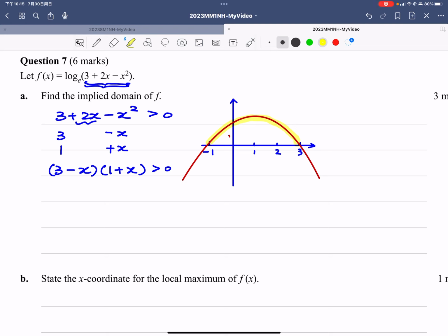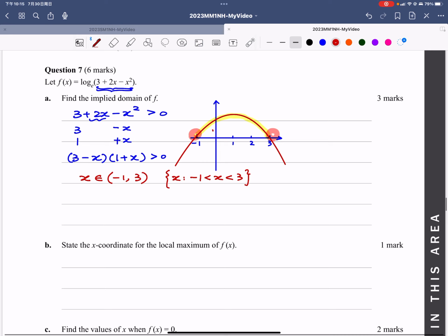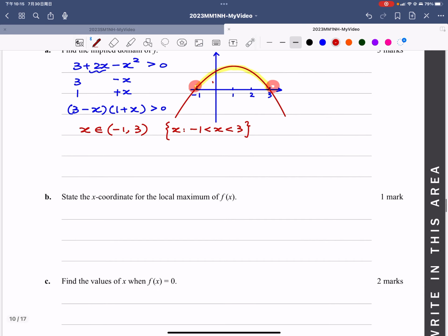We can only take this part, excluding the two x-intercepts. So we'd like to see x belongs to minus 1, 3, okay? Or in this form, minus 1 less than x less than 3. It has to be open circles, okay? You can't take 0 because log e 0 is undefined. That is the implied domain.